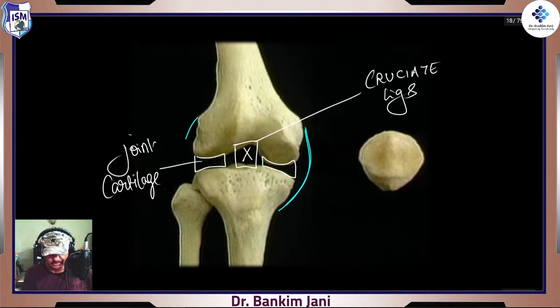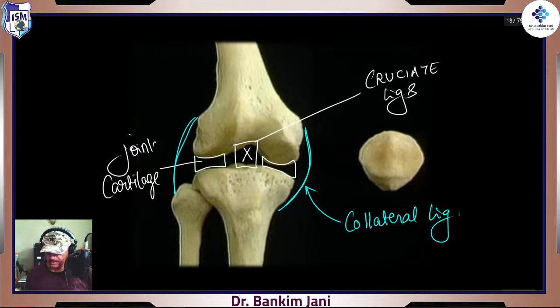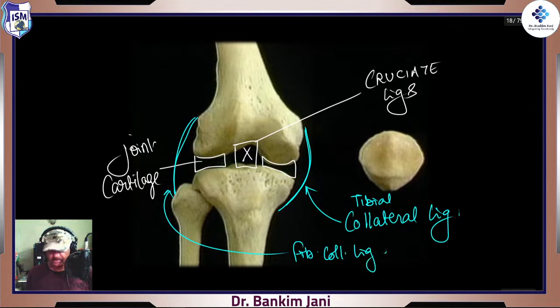And they will be called the collateral ligaments. Which is on the tibial side, we'll call it the tibial collateral ligament, and which is on the fibular side, we'll call it the fibular collateral ligament, right? I'm just writing in short because in any case, we'll be watching it in more detail.